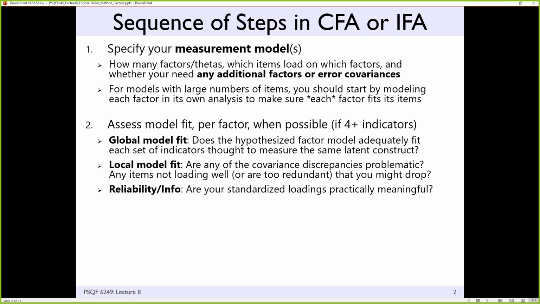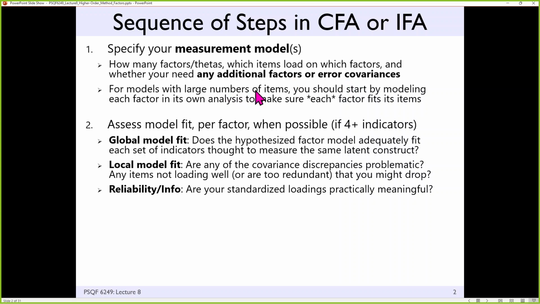Don't worry about how the factors are related until you worry about whether each factor is actually behaving in the way that you intended with respect to its indicators. So how many factors do you need? Which items are they predicting reliably? And whether we need any additional sources of multidimensionality in terms of additional factors or error covariances.